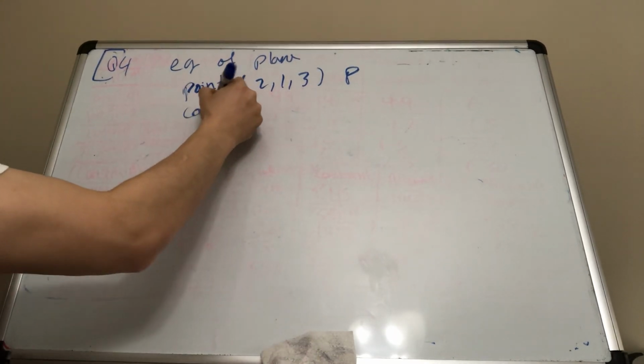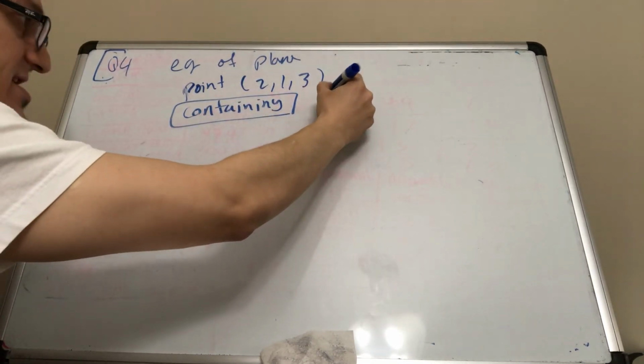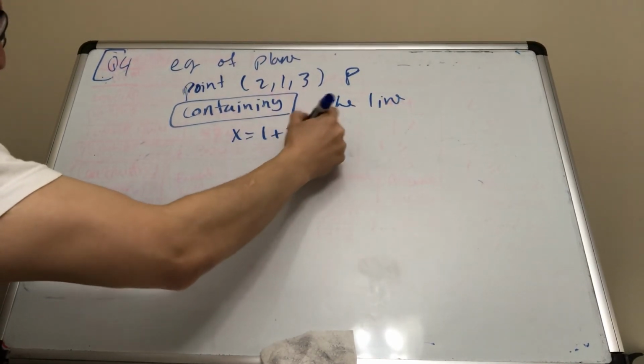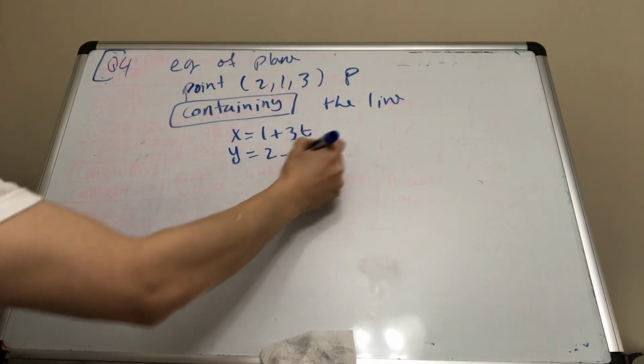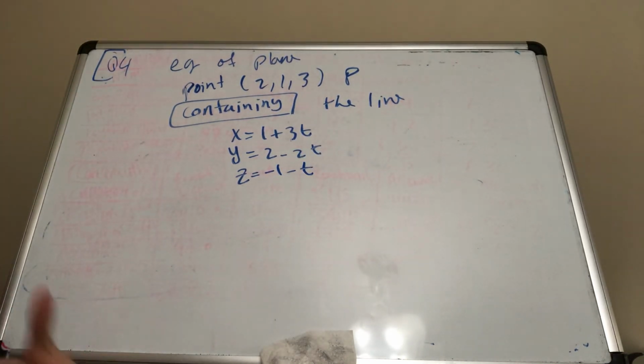And I didn't like this word, it says containing the line x equals 3t, y equals something, z equals 2 minus t. The reason why I didn't like it, because usually in this kind of stuff, we don't say containing, we say either perpendicular or parallel. We don't say containing, doesn't mean anything. But I don't have something else to stick to, so I'll use this.